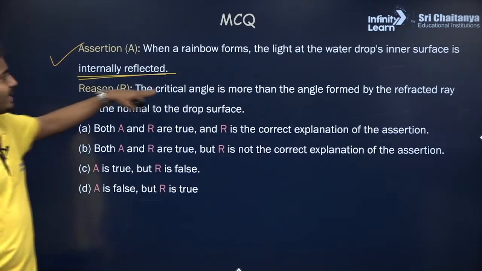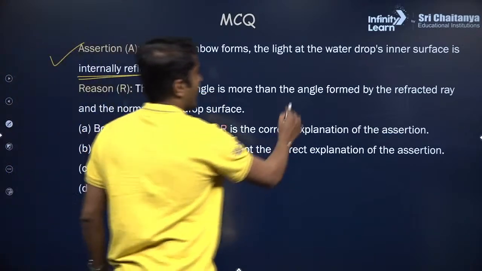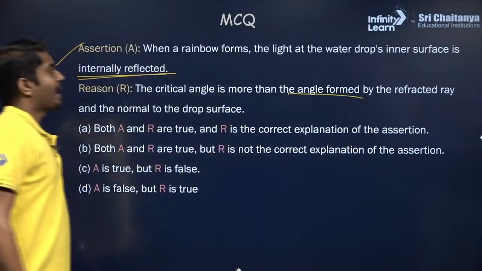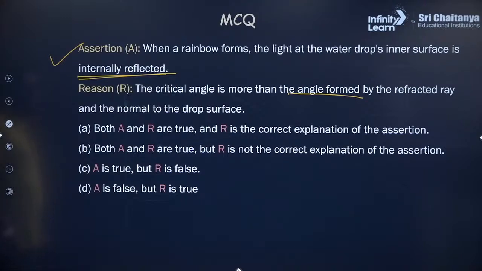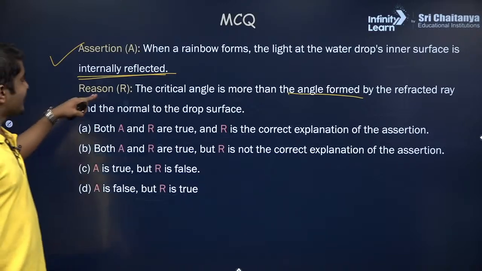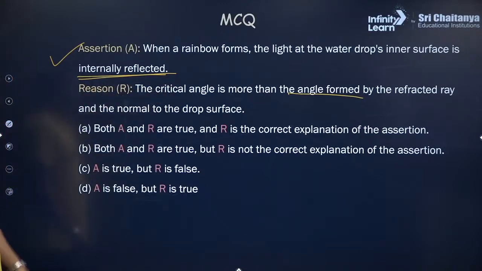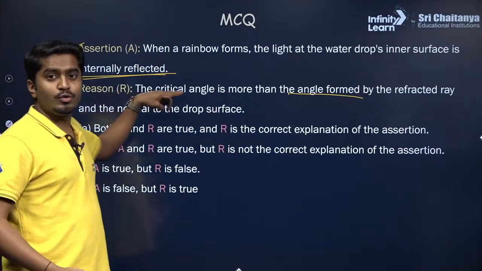Then the reason: the critical angle is more than the angle formed by the refracted ray and the normal to the drop surface. So is the reason correct? Do you know what is critical angle?